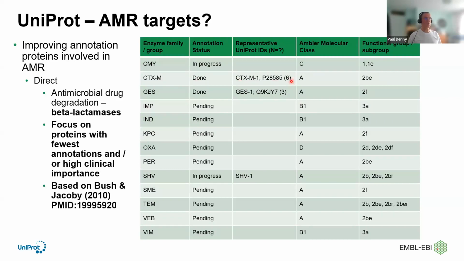Actually, half a dozen of these have been annotated. And then these others, the GES and SHV families, are either moderately well covered or in progress. And we'll be getting to these others. And this is all based on a review that I found, which talked about clinical importance. That was one of the reasons these were chosen.